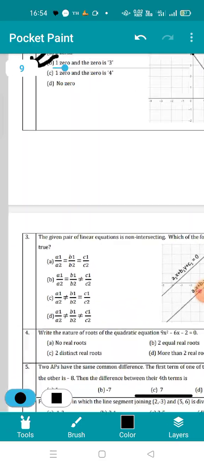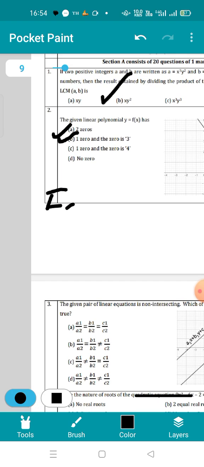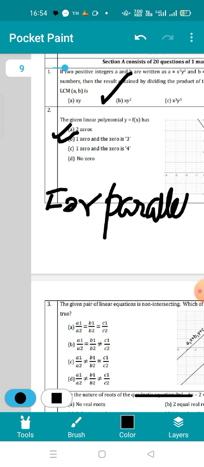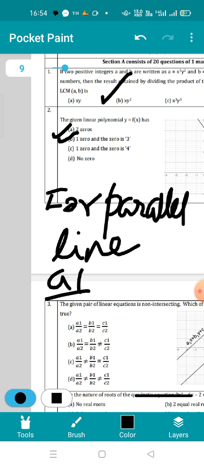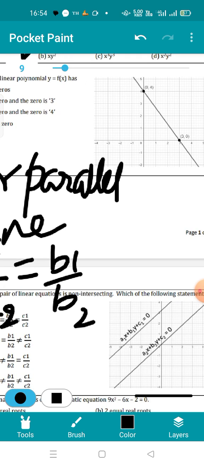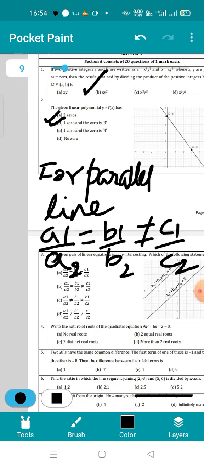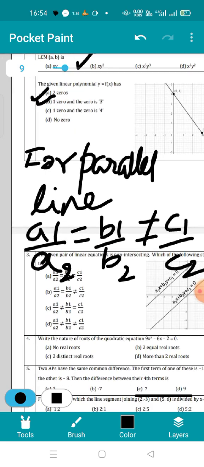For parallel lines, remember, a1 by a2 will be equal to b1 by b2, which is not equal to c1 by c2. Now what do a1, a2, b1, b2, c1, c2 represent?